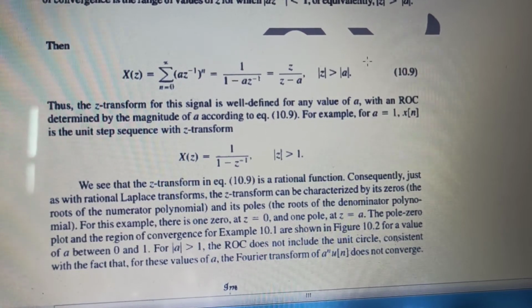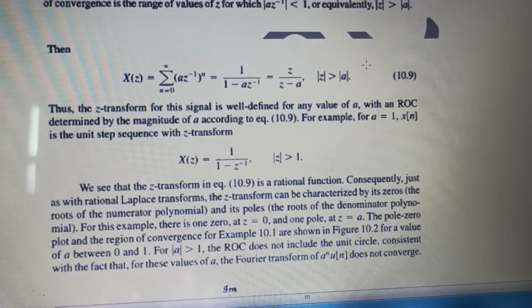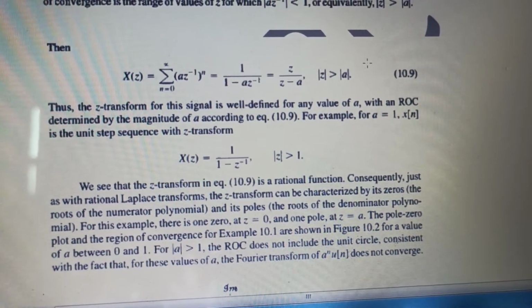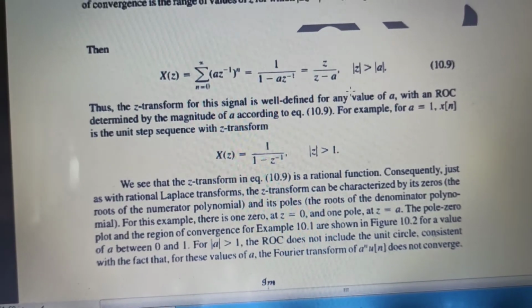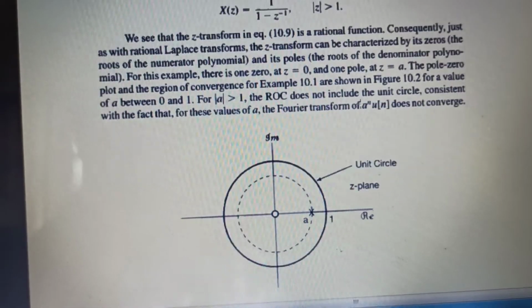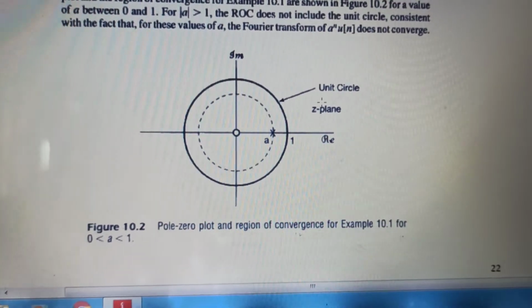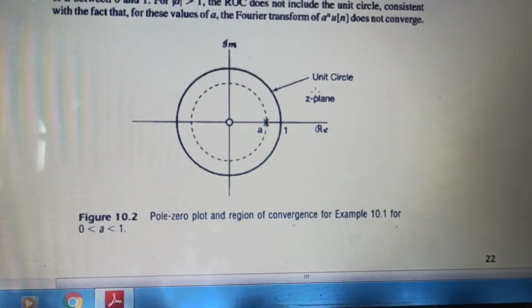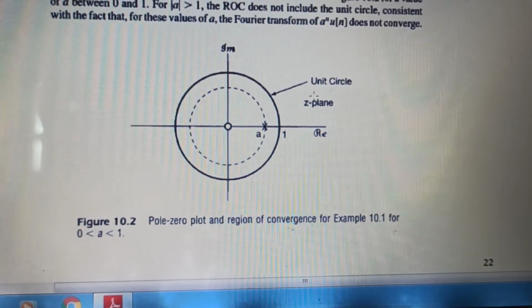Are you getting it? Now the pole-zero plot for this can be shown here. This is the pole-zero plot. The 0 is at the origin and the pole is at z equals a. I think this is very much clear.